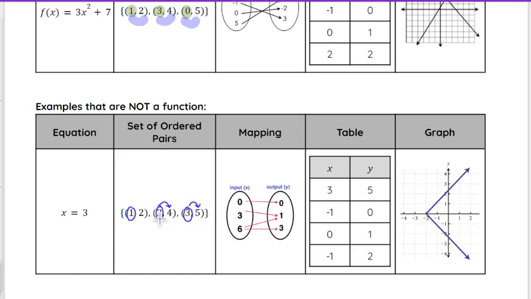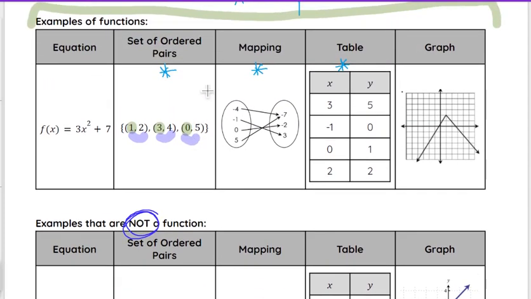So if the same x value mapped to 2 different y values, that would say that it is not a function. What makes this original example a function is that each of these x values has its own y value. In other words, the x coordinate cannot repeat and have 2 different y values.